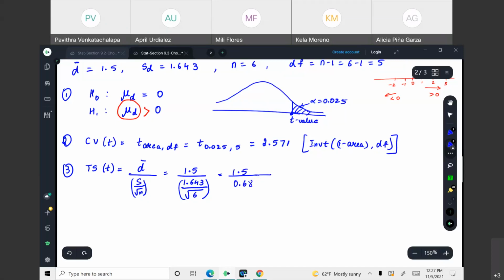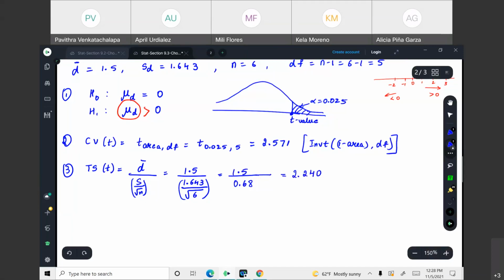So it is going to be 0.68. How much do you get, the total answer?